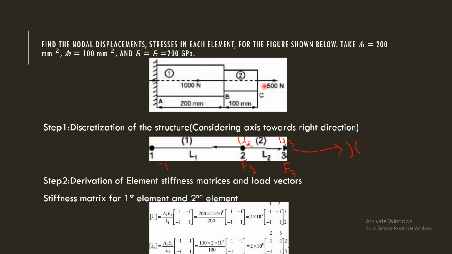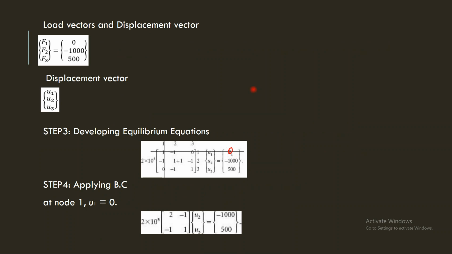Why u3 equal to 0? Because some portion of the load that you have to analyze always. Since you find that towards the x direction, there is a possibility of u3 equal to 0. Okay.